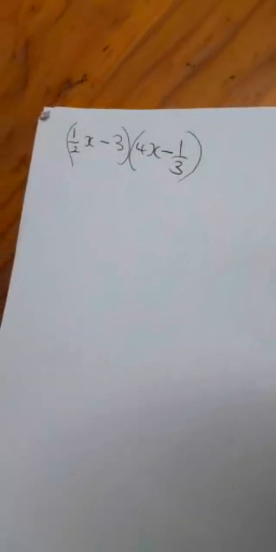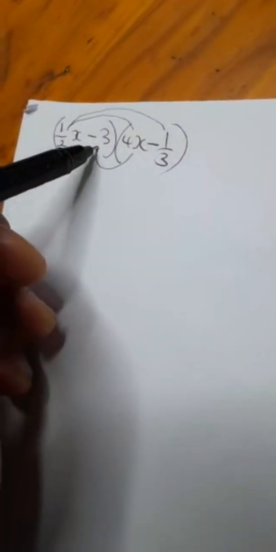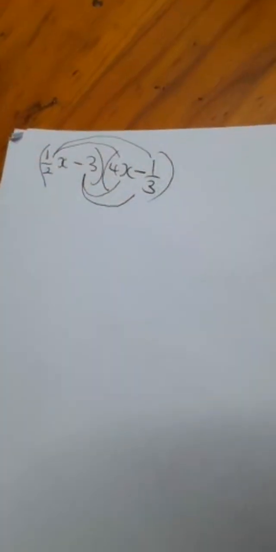Now here, what do we do? We say half x multiplied by 4x, then half x multiplied by 1 over 3. Then minus 3 is going to multiply 4x, and minus 3 is going to multiply minus 1 over 3.